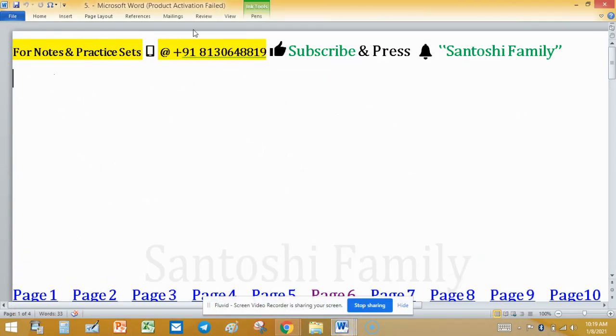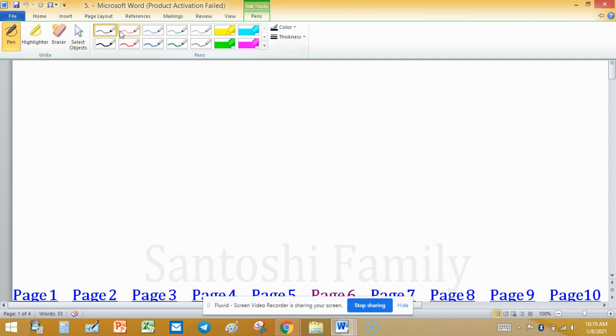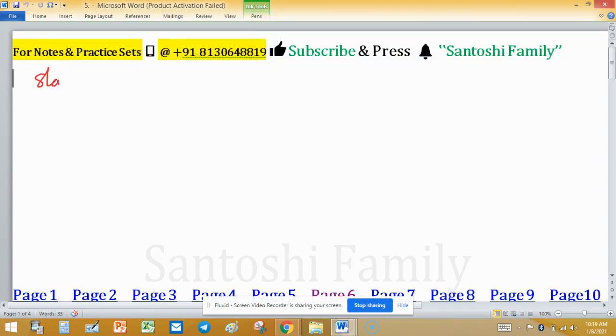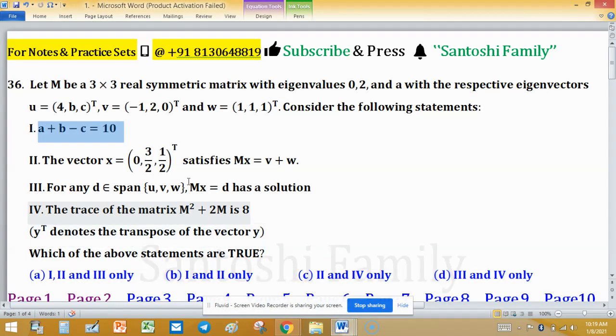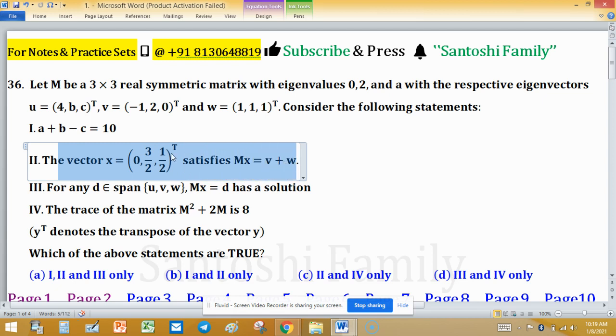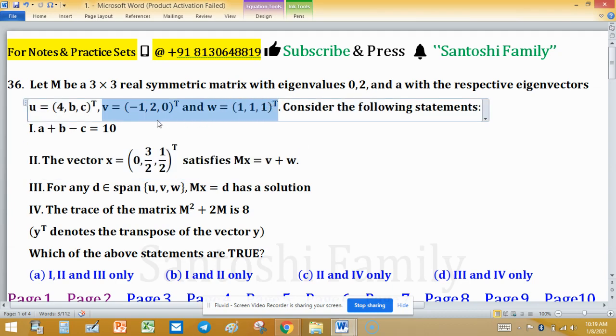Statement 2. This statement says that the eigenvector x satisfies Mx equals v plus w. This is v and this is w. So find their sum as a vector sum, and check whether Mx equals this vector sum or not.